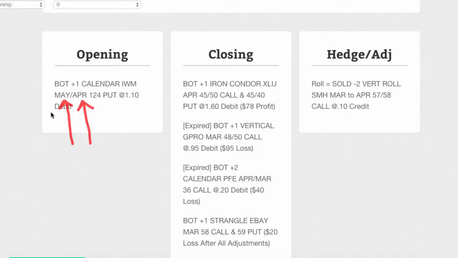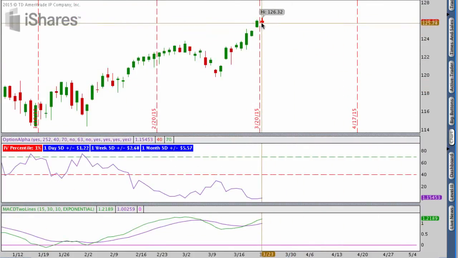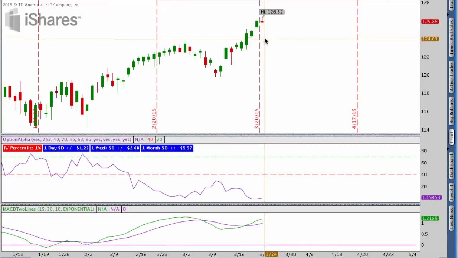Both of those contracts are done at the 124 strike on the put side. So we're playing this a little bit directionally bearish, and we are doing this for a $1.10 debit. We want the market to move down to about 124, so we're playing it just very slightly directionally bearish.